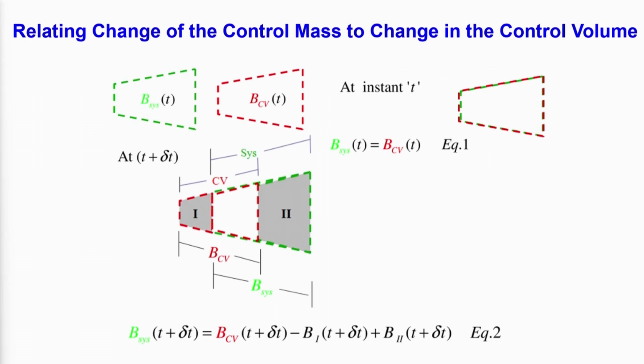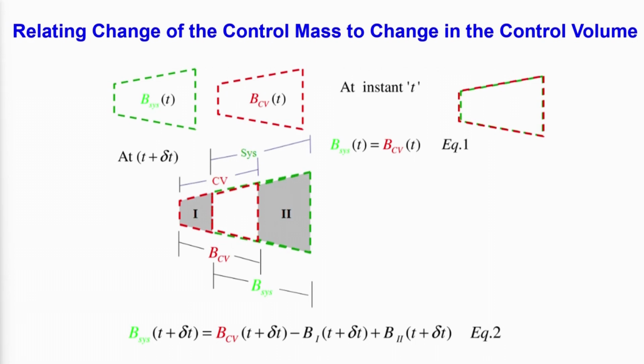So, at t they are coincident, at t plus delta t, if you see the last equation, which is equation number 2, your B of the system is B of the control volume, which is the red colored thing, at time t plus delta t, minus your B at 1 at t plus delta t and plus B at 2 at t plus delta t, right.